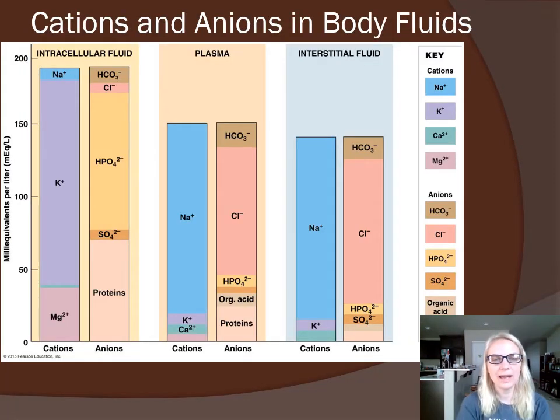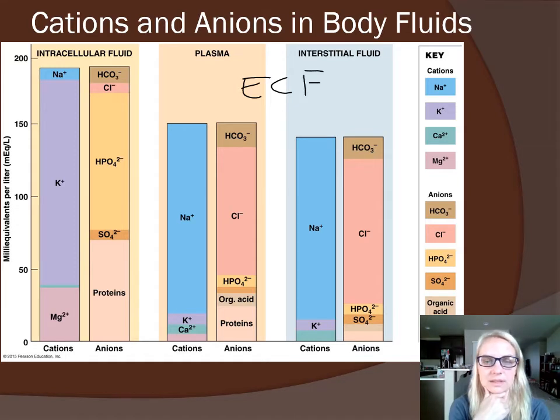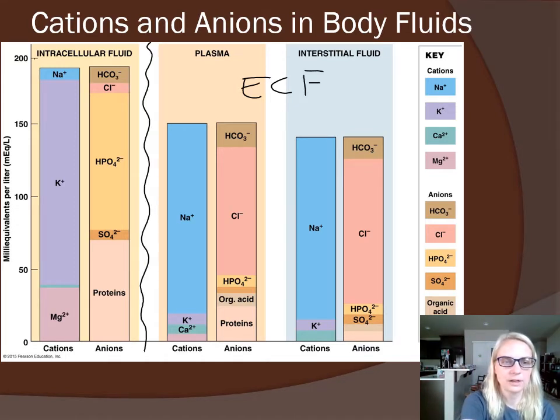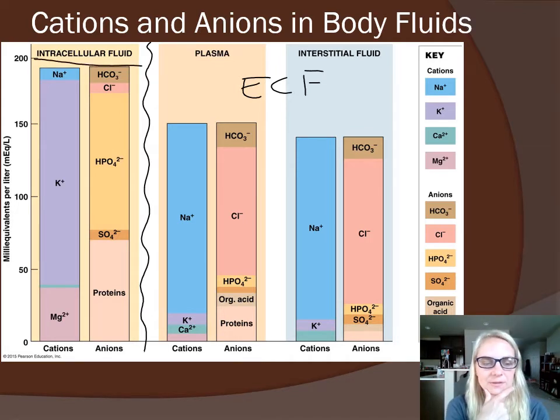If we take a look at electrolytes, things that we're going to be following in these compartments, the ICF versus the ECF. These 2 together are the major compartments of the ECF, plasma and interstitial fluid, and the ICF over here. Inside of cells, of our cations, our positively charged ions, we should be comfortable that we have a whole bunch of potassium on the inside of cells.